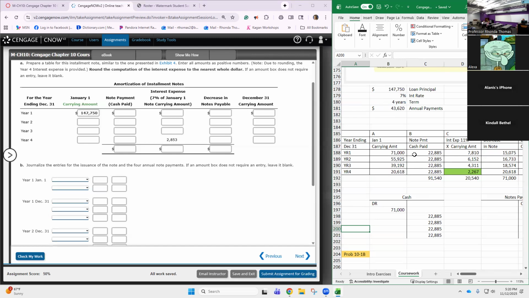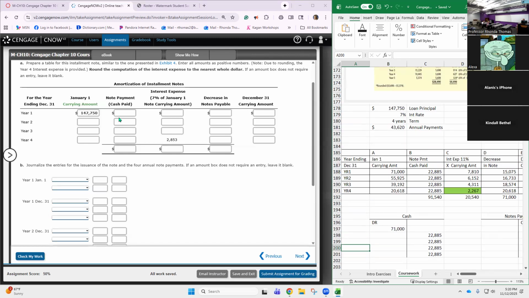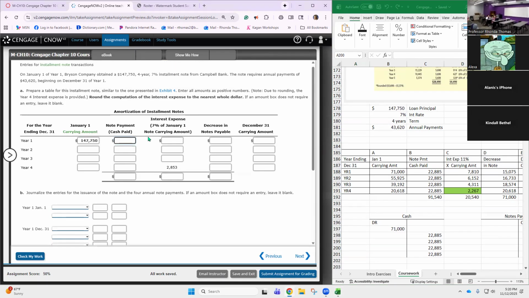So our annual payments. The note payment is $43,620. Put that in. We're also going to do the journal entry for the note.